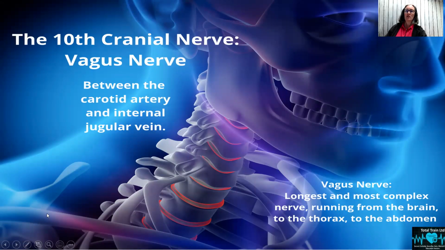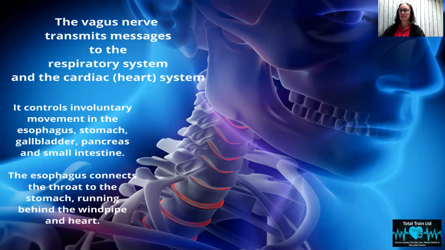Now, the 10th cranial nerve is the vagus nerve, and this runs between the carotid artery and the internal jugular vein. And this is quite an important nerve to know about from ligature events, but also from the likes of the use of force and the immediate first aid that might be offered as well. The vagus nerve is the longest and most complex nerve, running from the brain to the thorax to the abdomen.